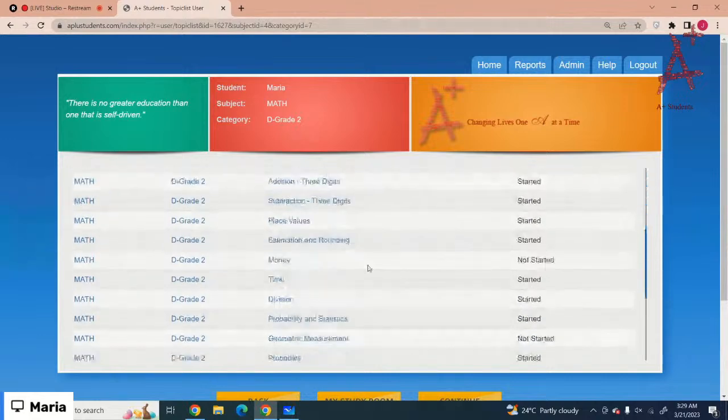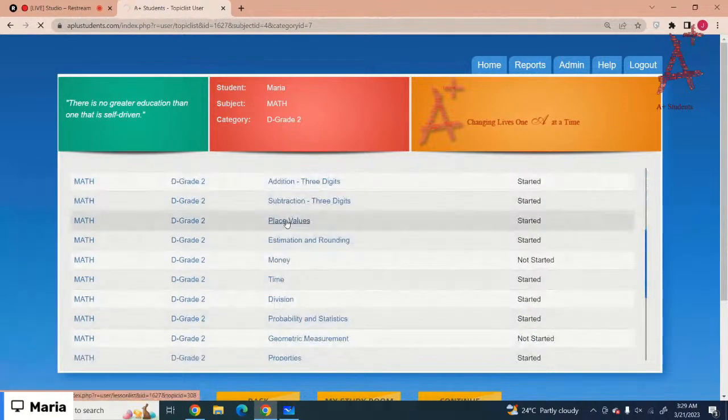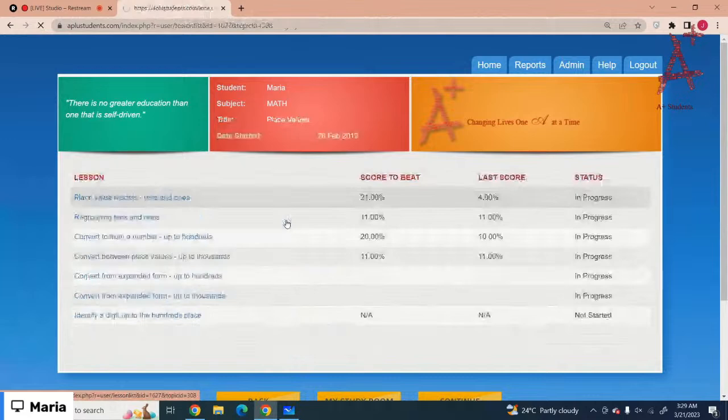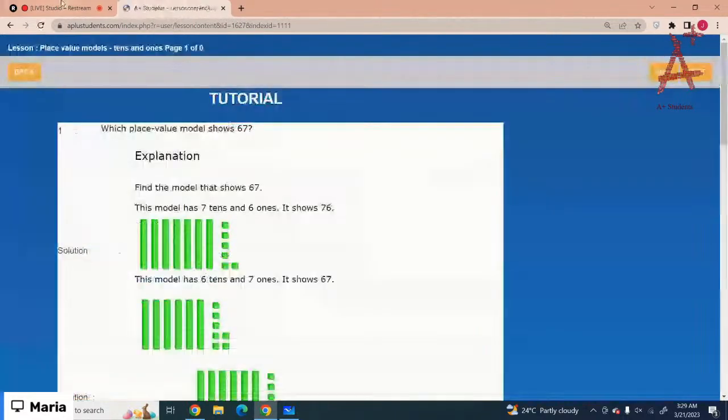So we're going to start with the very first lesson of the chapter, that is place value models, tens and ones. Okay, which place value model shows 67? Here you are not given the options, so let's just start with the test questions.